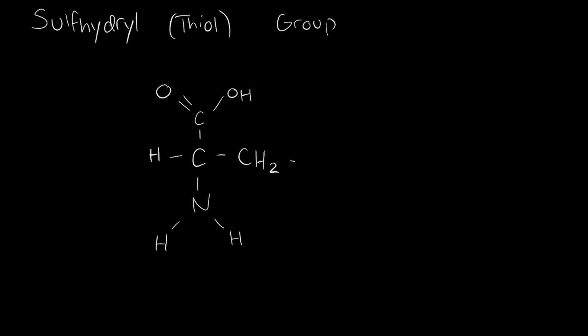Next, we're going to talk about a sulfhydryl group. It's more commonly referred to by the name of the substance that it forms, which is called a thiol. This group is just sulfur and hydrogen. This is the entire group. It gets added onto the end to create this compound.